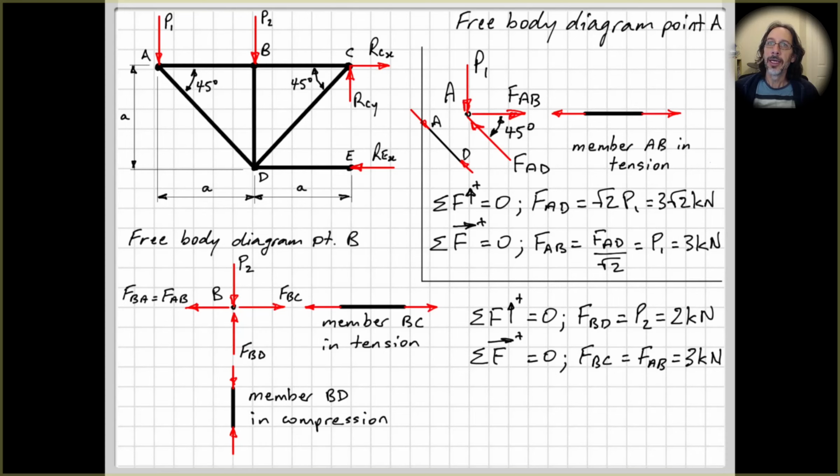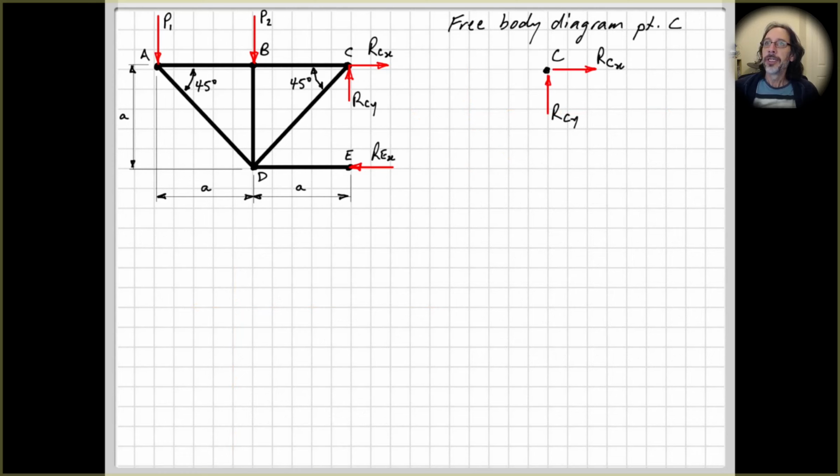BD, and AD. So now we need to look at a diagram of point C. We could go down to a free body diagram of point D or joint D down here, which we'll do in a second, just as a check. But for now, we're going to look at joint C, and we can do that in this case because we have found our external reaction forces.